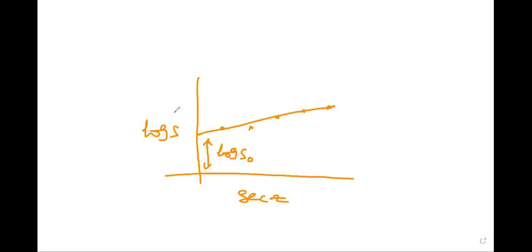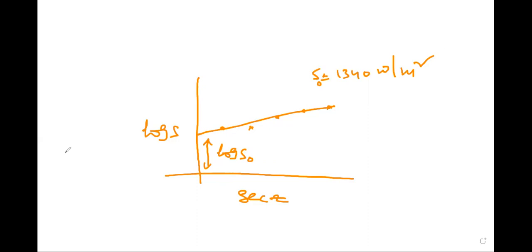From this experimental data, a graph is drawn between secant Z and log S, which gives a straight line with the initial value log S0. From this, the value of S0 can be calculated. Nearly S0 is equal to 1340 watt per meter square.